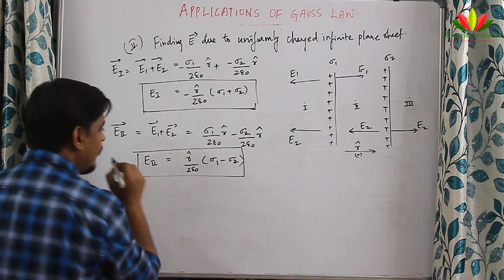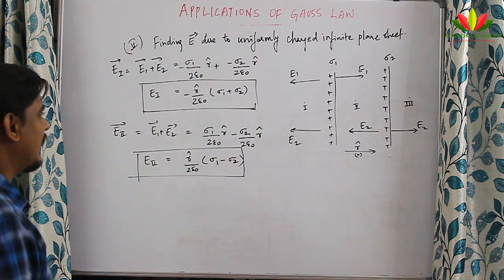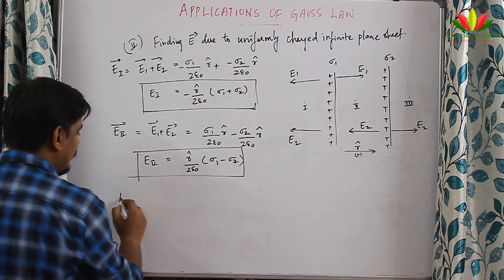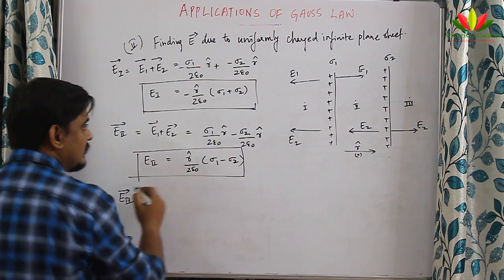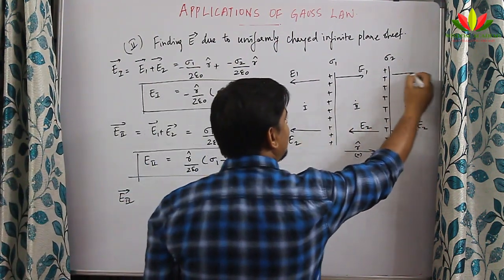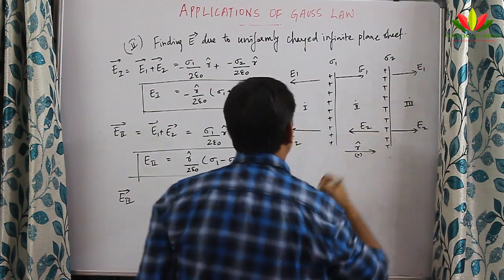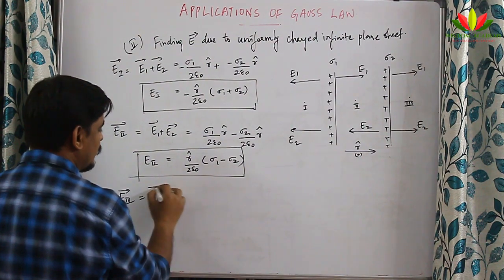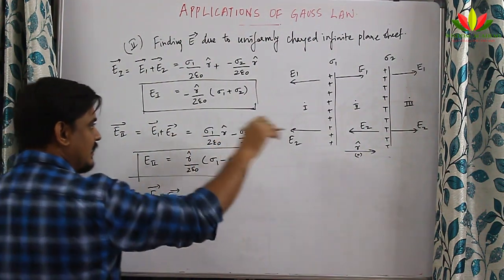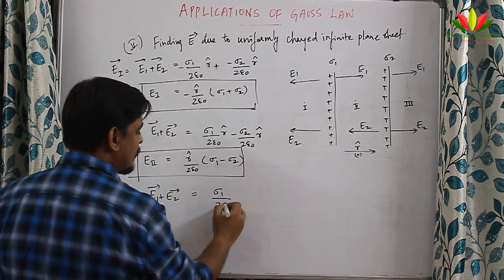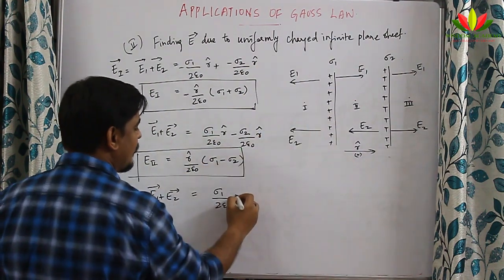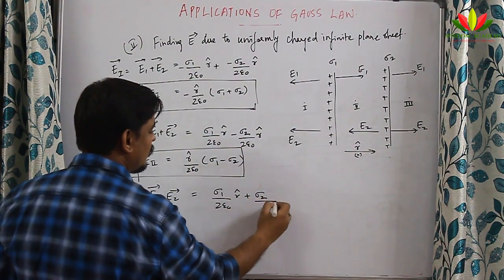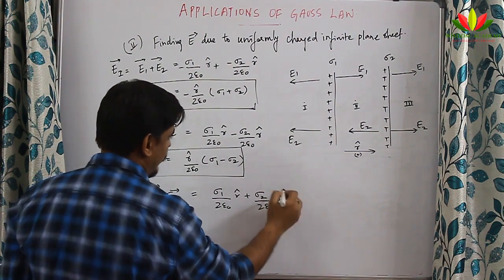And in the same way, if you find the electric field at the third point, E1 will be in this direction. So I can write E3 is E1 plus E2, and that will be equal to sigma 1 by 2 epsilon naught R cap, since it is in the same direction from left to right, plus sigma 2 by 2 epsilon naught R cap, both positive.